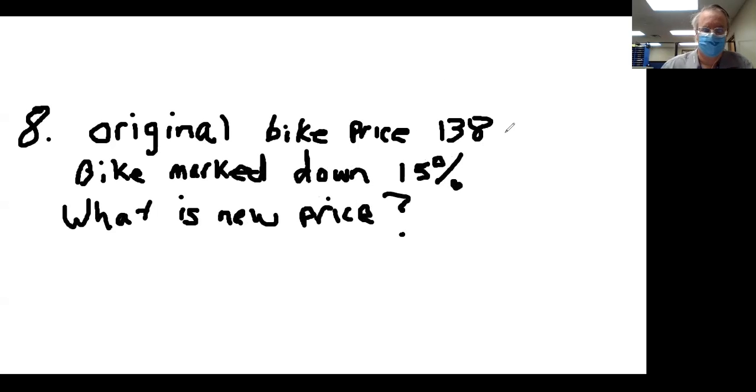So we want to look at 138, the original bike price, times the bike marked down by 15%. Convert that to a decimal, which is 0.15.